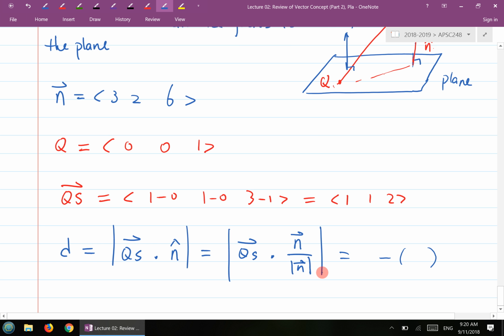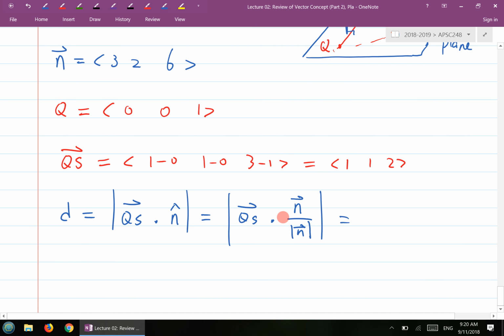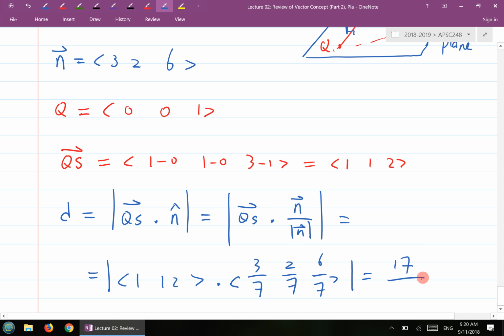I'll leave that calculation to you, and it shouldn't be too bad. It's a very simple calculation. So you know what? I'll just write the result down here. Okay. That's the result. All right.